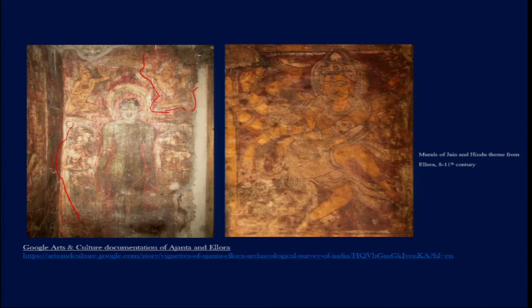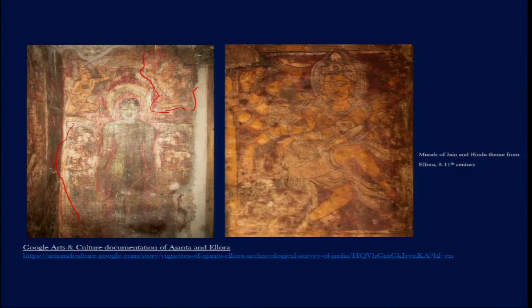There are no wings or anything else added to their body, but their position in the entire mural, as well as the posture of their legs, are the signifiers of their status as celestial or divine beings.